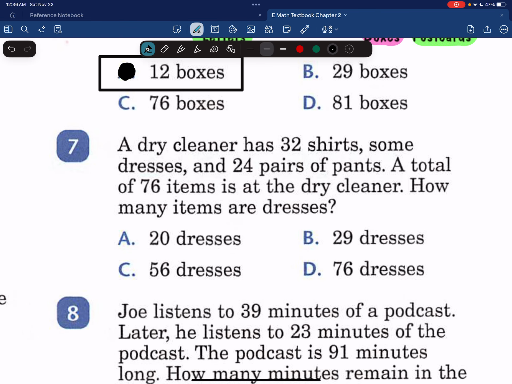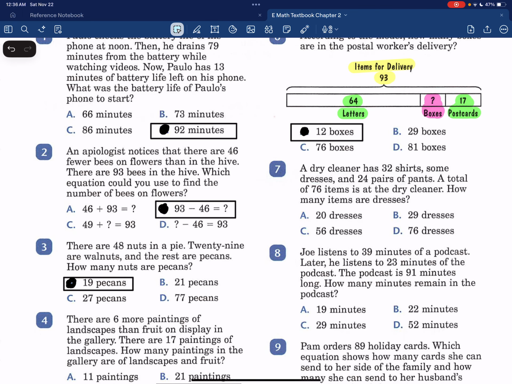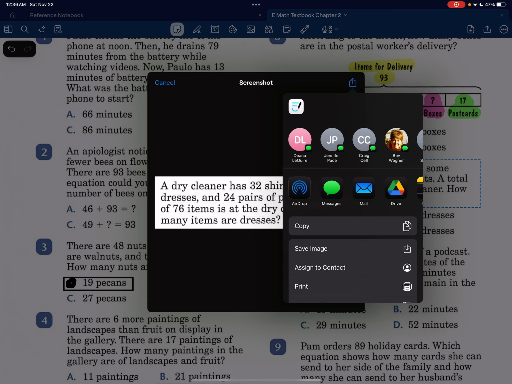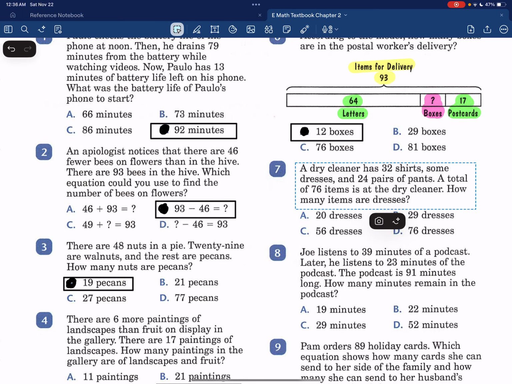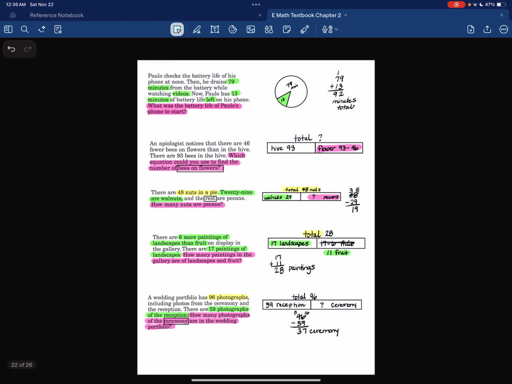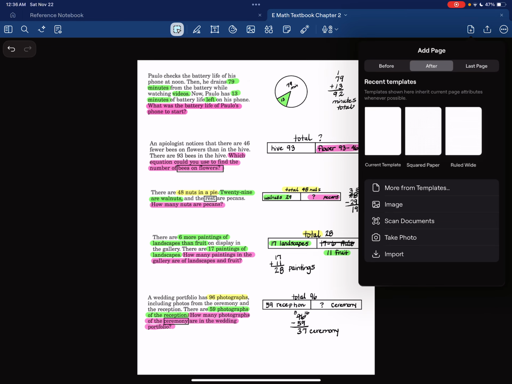Number 7, they did not give me a model, so let's draw one. So let me clip the problems and go to, I need a new piece right here.